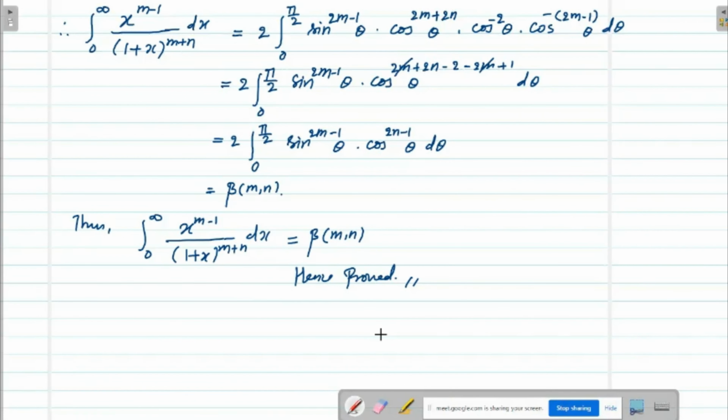Now similarly you can also prove example number 2.